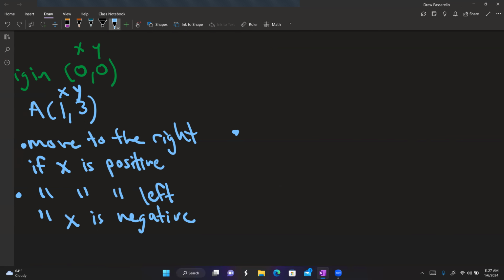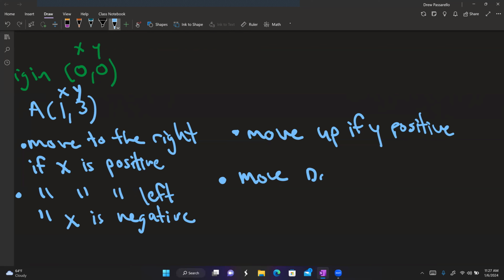So after I move from (0, 0) to whatever x value it is, then I move up if y is positive, and then moving down if y is negative. All right, so that's always going to be consistent.